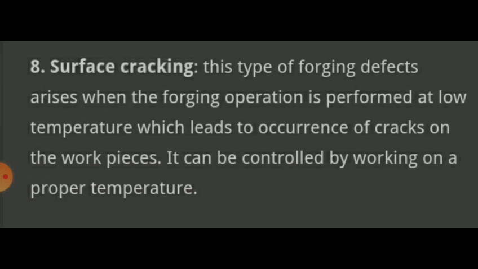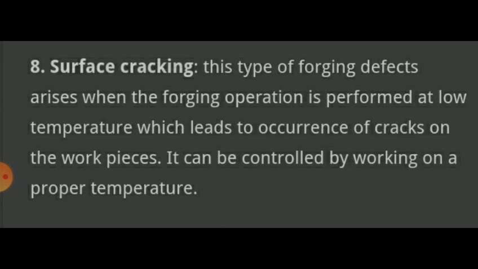Next is surface cracking. Cracks which occur on the forging surface may be longitudinal or transverse. Their occurrence may be due to bad quality of ingot, improper heating, forging at low temperature, or incorrect cooling of alloy steel forgings.